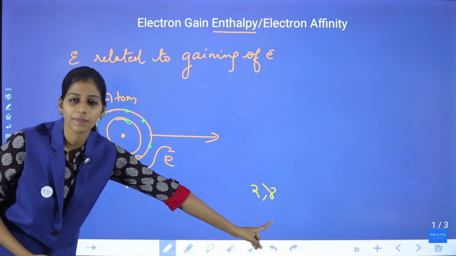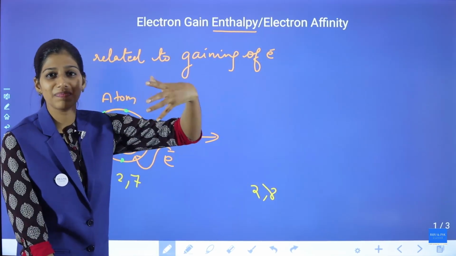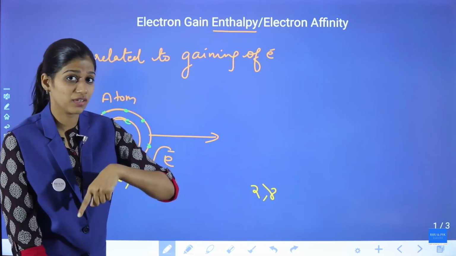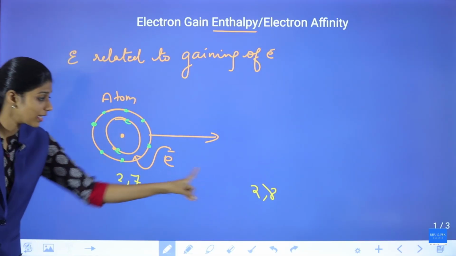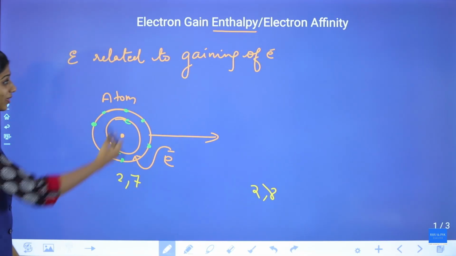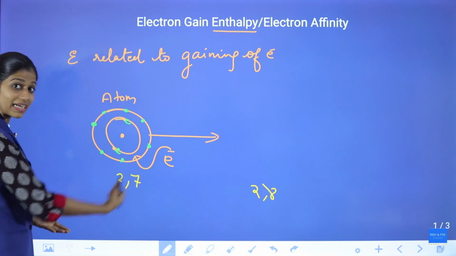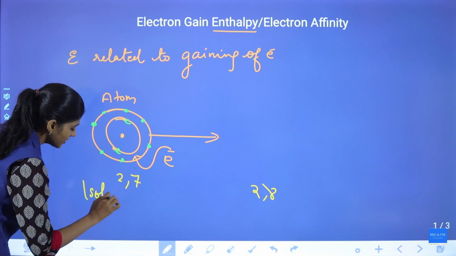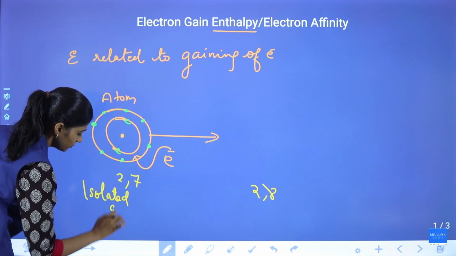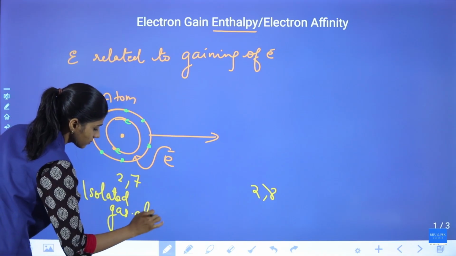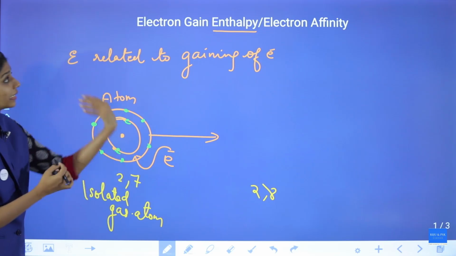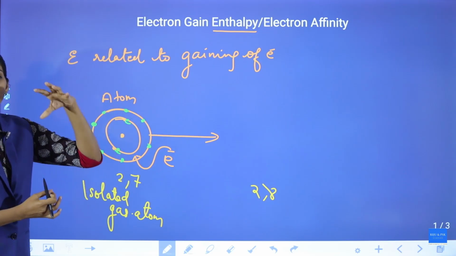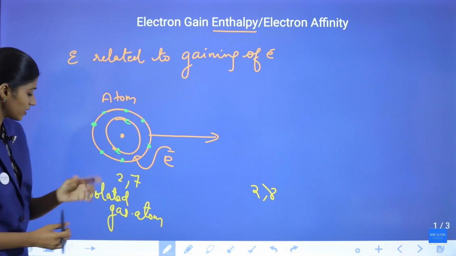Configuration is very easy. So electron gain enthalpy is the energy related to the addition of an electron. You are adding the electron to an atom, and this atom is an isolated gaseous atom. Just like when you defined ionization enthalpy, you need an isolated atom.